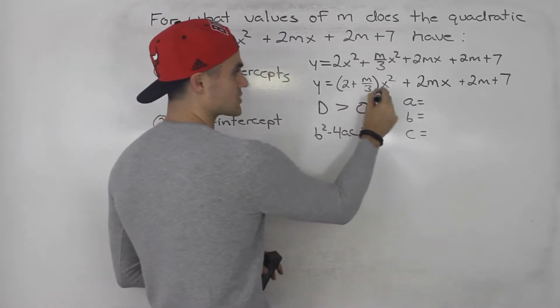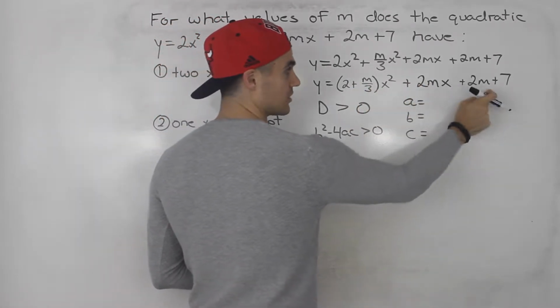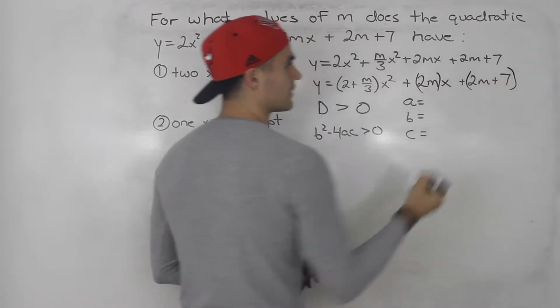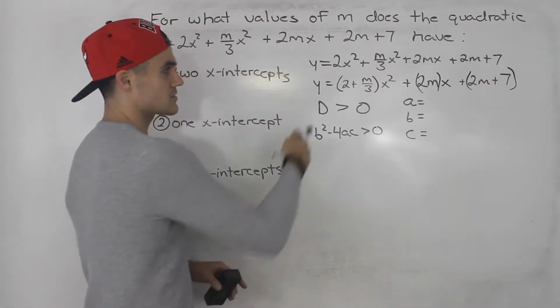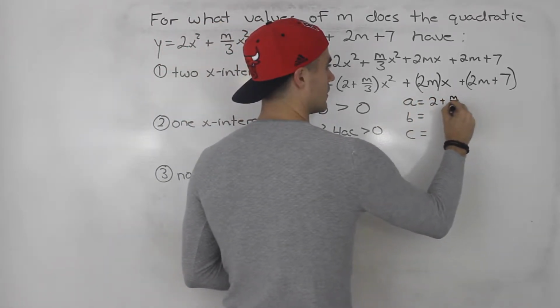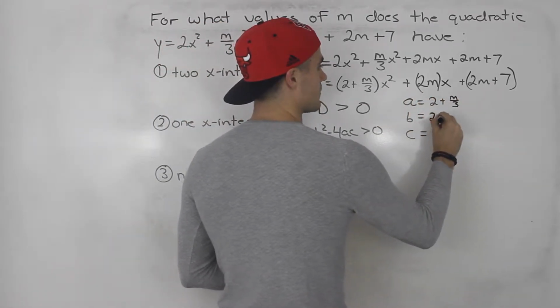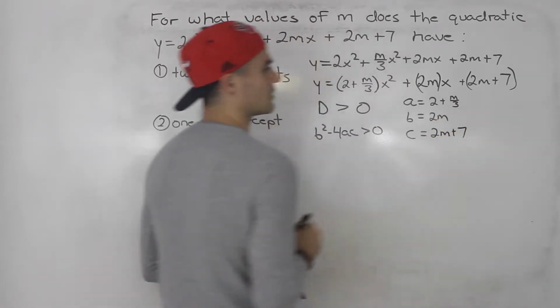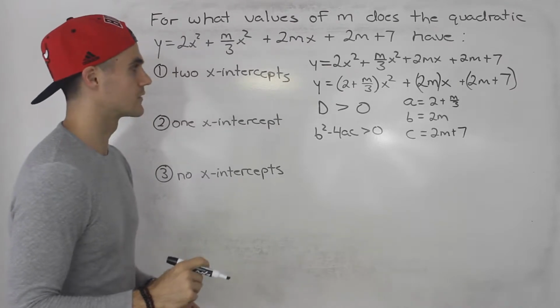It's like ax squared plus bx plus c. So this is the b value, and then that whole thing is the c value. So the a value is 2 plus m over 3. The b value is 2m, and then the c value is 2m plus 7, like that. Right?